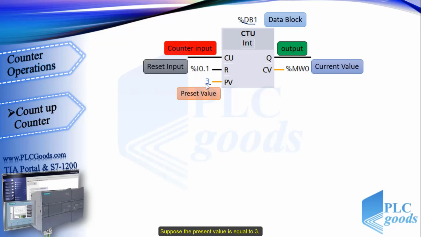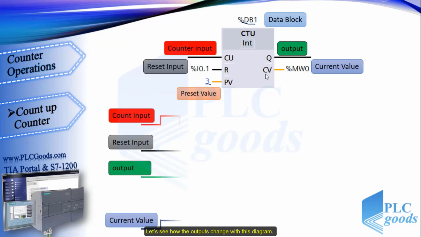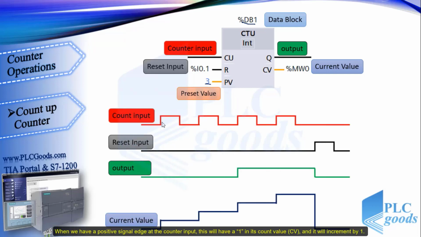Suppose the preset value is equal to 3. Let's see how the outputs change with this diagram. When we have a positive signal edge at the counter input, this will have a 1 in its count value, or CV, and it will increment by 1.